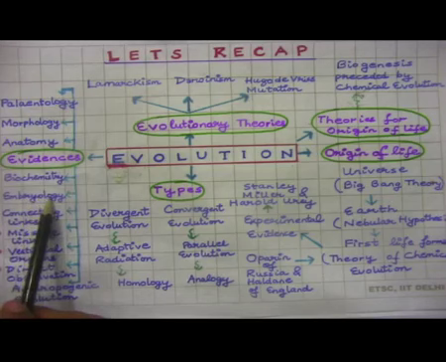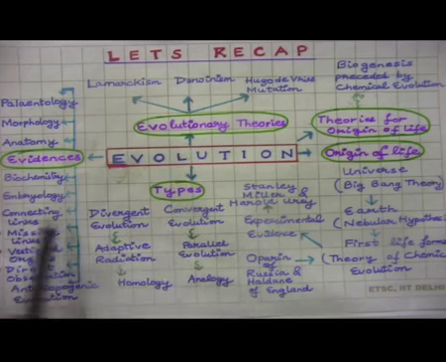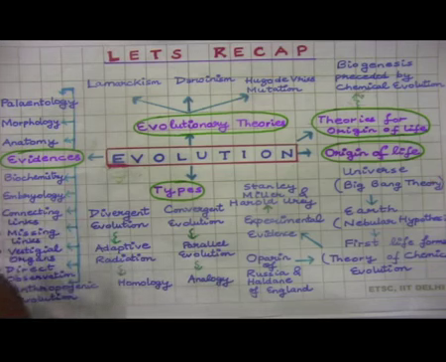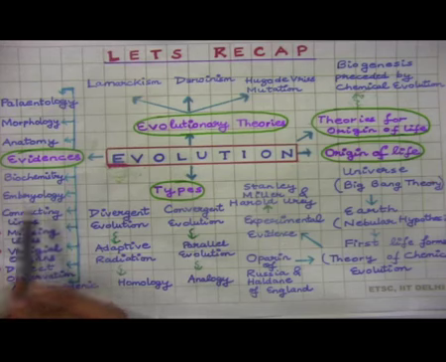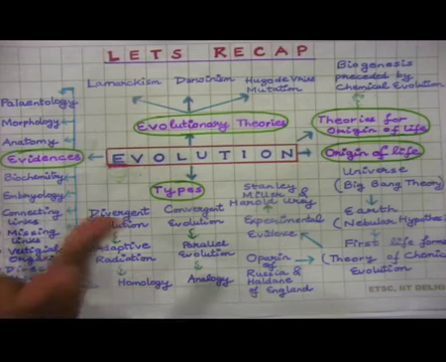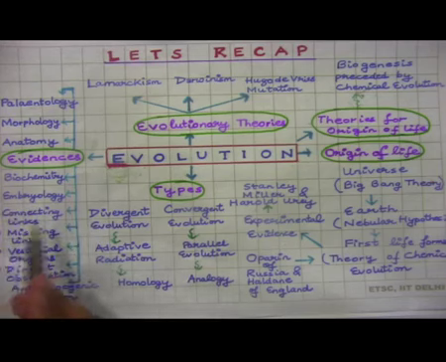Embryology is the study of embryos. In the embryonic stages, similarities can be closely seen. If organisms of different groups show embryonic stages very similar to each other, if there is a resemblance, then we can conclude that these organisms are closely related.